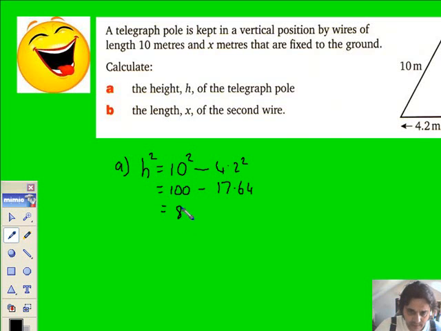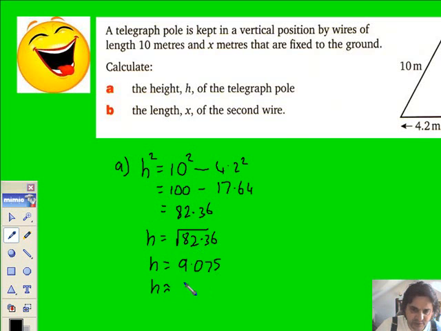I've got 82.36. To get H on its own, you square root that. Let's get the H value. Square root of 82.36 gives us 9.075, etc., etc. So the height is approximately 9.1 to the nearest metre.